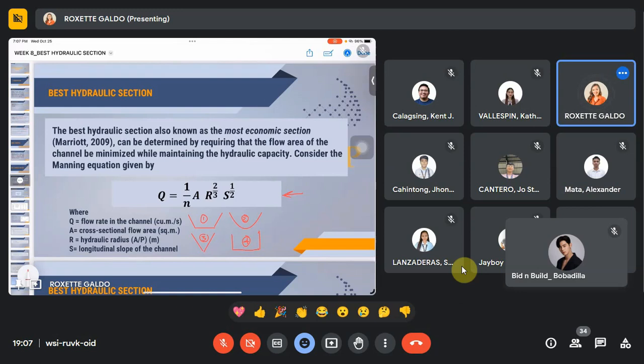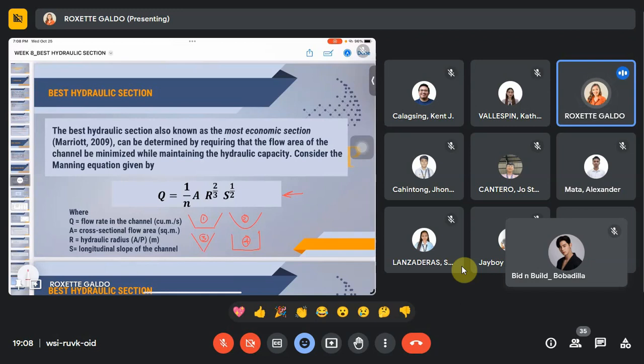So through that, okay. So, for example, if we are going to use the trapezoidal, unsa iyang mga disadvantages and advantages, if ang semicircle, unsa iyang mga advantages and disadvantages, and also the triangular and the rectangular.